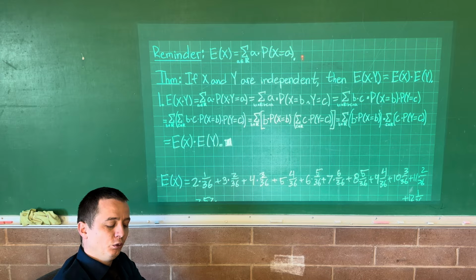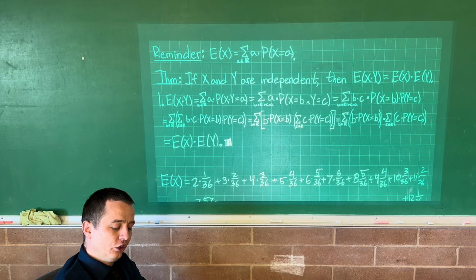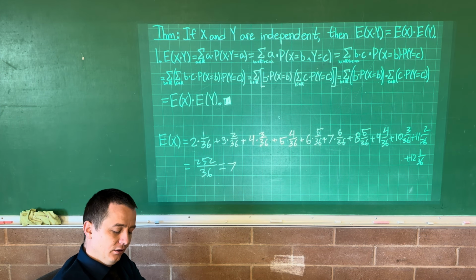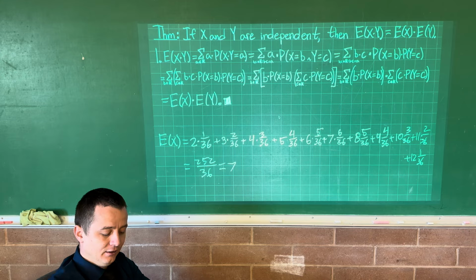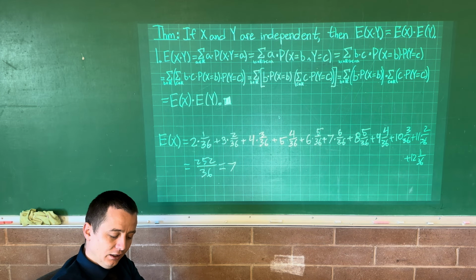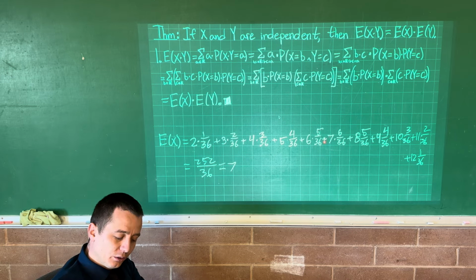This was basically a way of regrouping what exactly this definition gives you. It's just grouping by all the terms where the x gives the same output. So you notice when we did it down here, that's the way we were grouping. So I grouped all my rolls that are a 6 together. And all my rolls that were a 7 together.